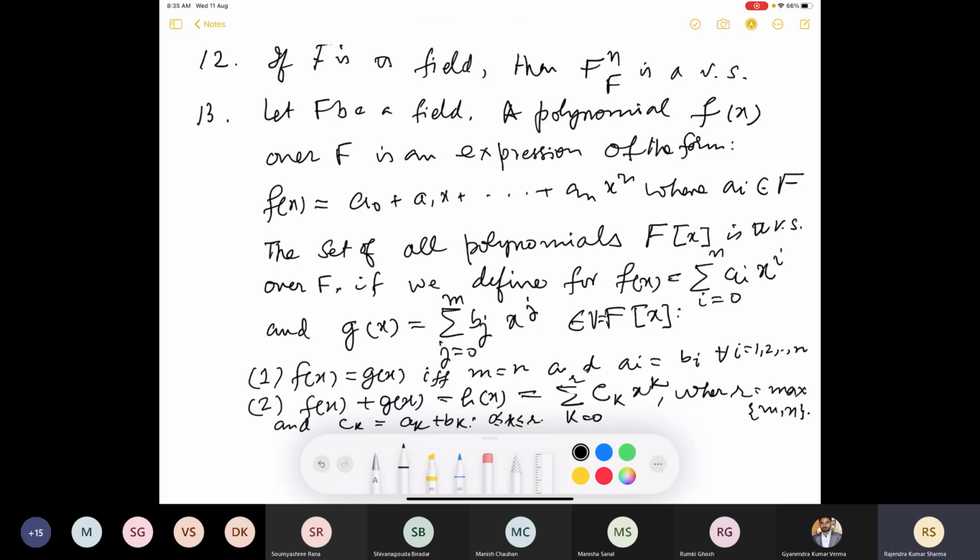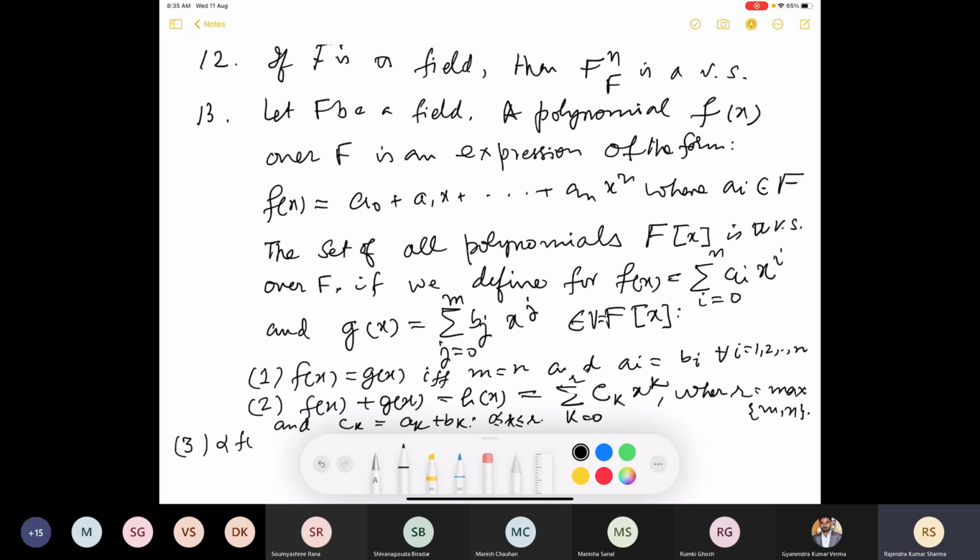So if you define the equality of two polynomials like this, that m and n are equal, and each coefficient of each x power is also equal to the other, their sum is denoted by the polynomial h(x), the sum of ck x^k, k varies 0 to r, where r is the maximum of m and n.